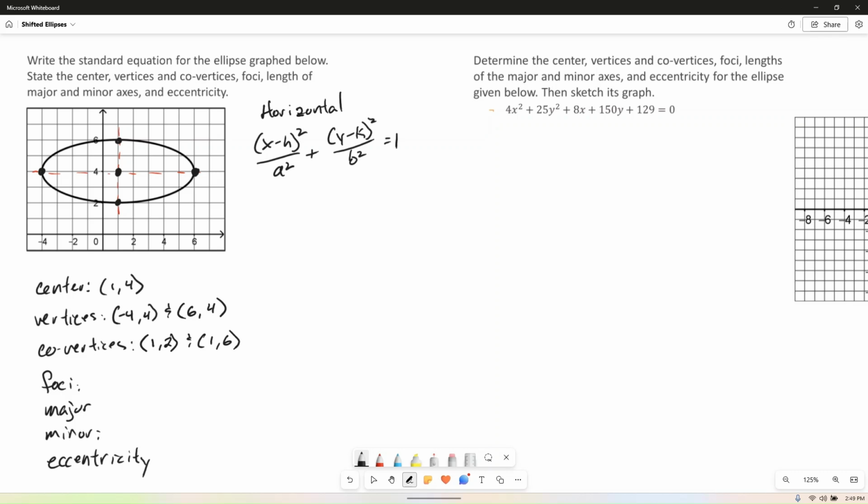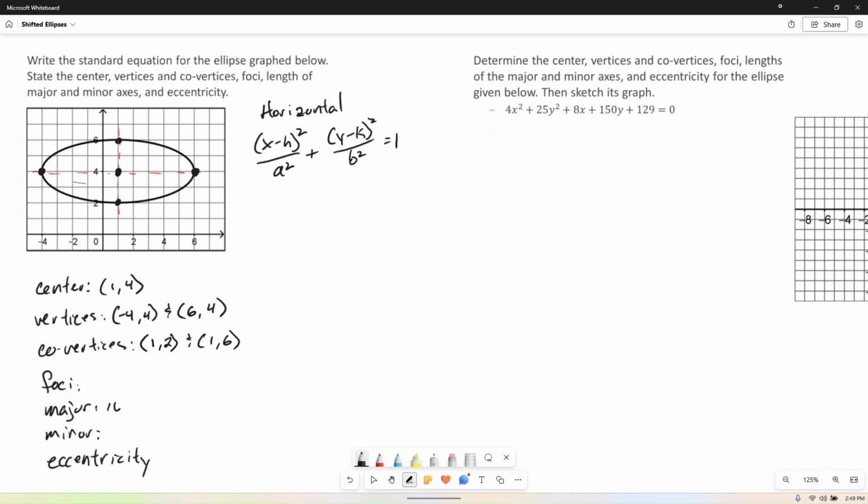Foci, let's put a pin in that and come back to that because we need to do a little work to figure that out. The length of the major axis, since this is a horizontally oriented ellipse, is the horizontal distance from one vertex to the other. If one vertex is at (-4, 4), and the other is at (6, 4), how far is it from -4 to 6?